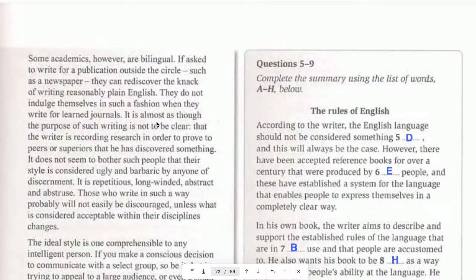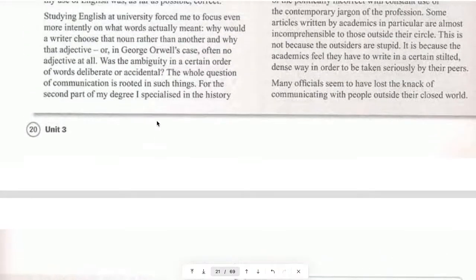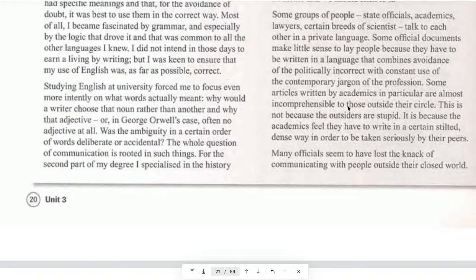Some articles written by academics in particular are almost incomprehensible to those outside the circle. This is not because the outsiders are excluded. It is because the academics feel they have to write in a certain stuffy way in order to be taken seriously by their peers.